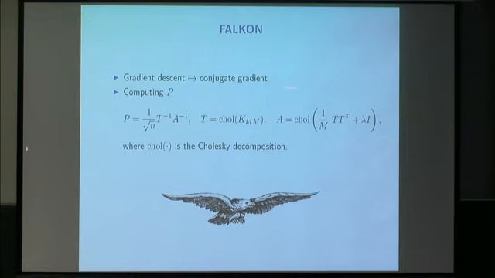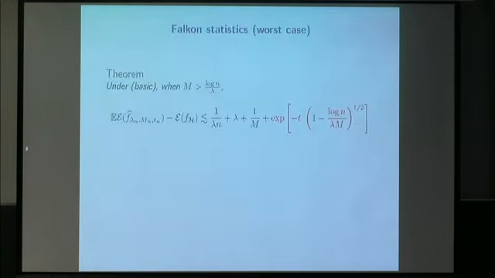First of all, because it is faster, and then because we don't have to find the step parameter. And we find a cheap way to compute the preconditioner P by using two Cholesky decompositions. So it requires m cube to compute P. Okay, so let's analyze the statistical properties of this Falkon algorithm.